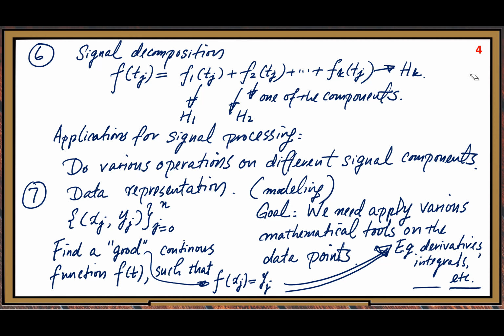Why do we want to model the given data? Because the given data is a sequence of scattered points, and there is no good representation for it.